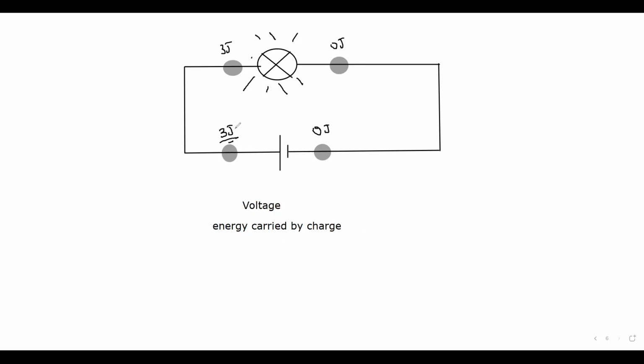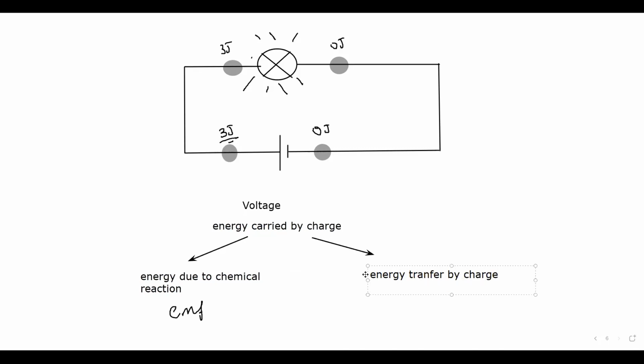And when the charge gets energy from the battery by a chemical reaction, what we call that as EMF. And when the charge transfers energy, what we call that as potential difference, or in short you can say PD.